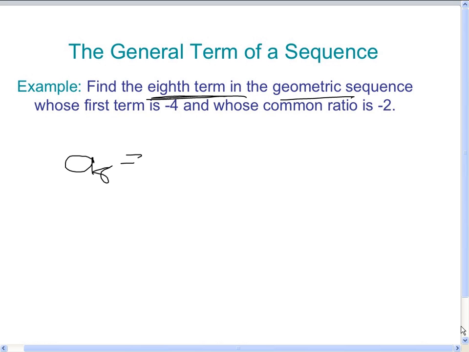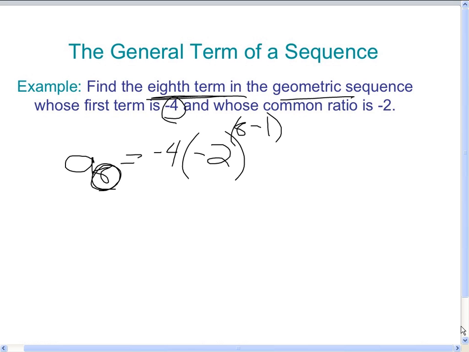So geometric says take the first term, which is -4, multiply by the common ratio, which is -2, raised to n-1. Since this is the 8th term, I want 8 minus 1 as an exponent.